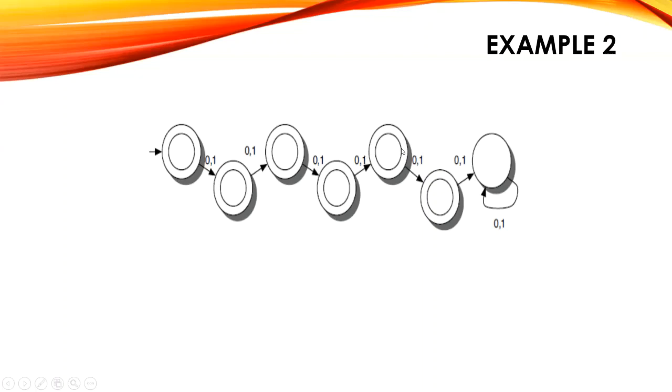Length 4 still accepted. Length 5 still accepted. So from length 0 to 5 is accepted. The rule would be a string which has a length of at most 5 will be accepted. More than 5, it will be rejected.